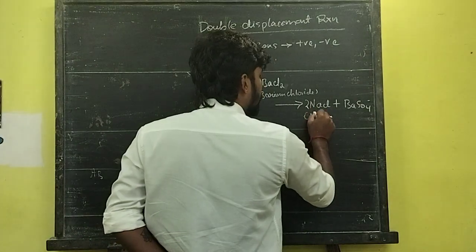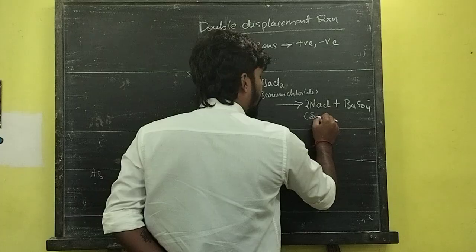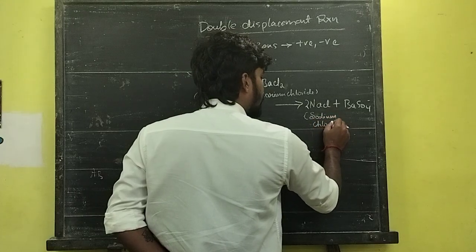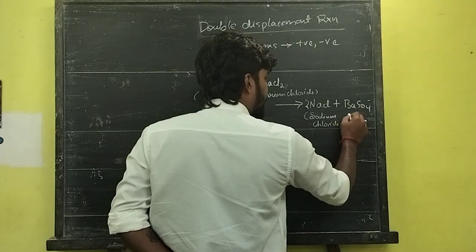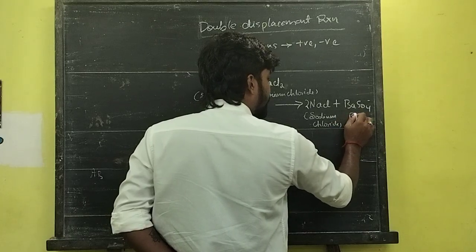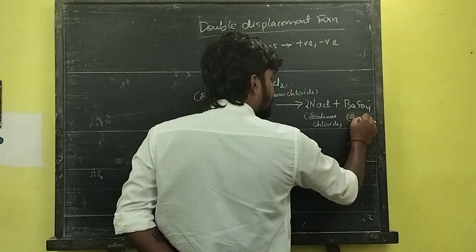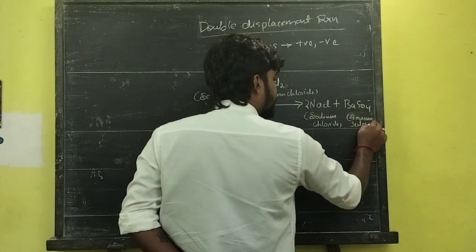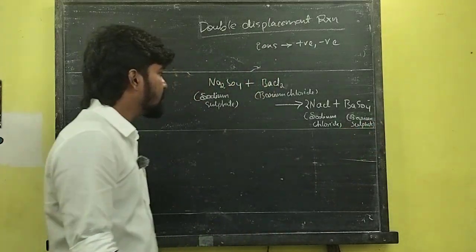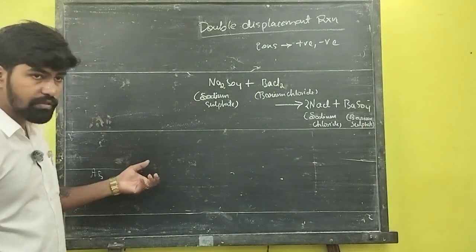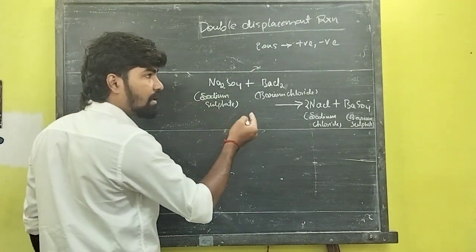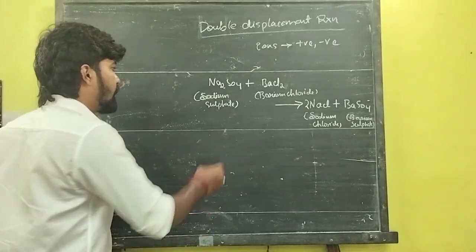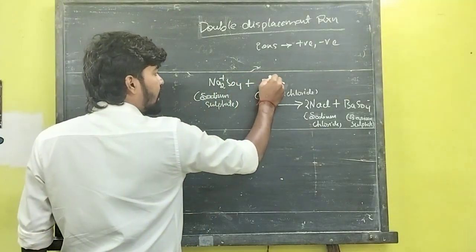It is sodium chloride, or common salt, and BaSO4 is barium sulfate. So do you see, you remember that metals are always electropositive, okay, metals are always what? Electropositive.